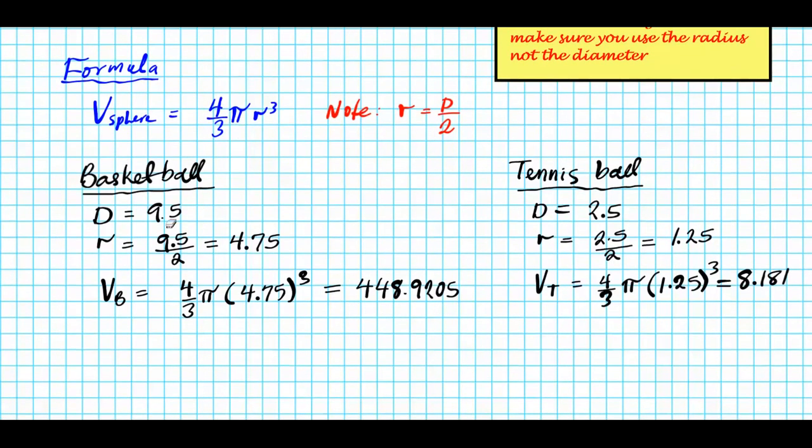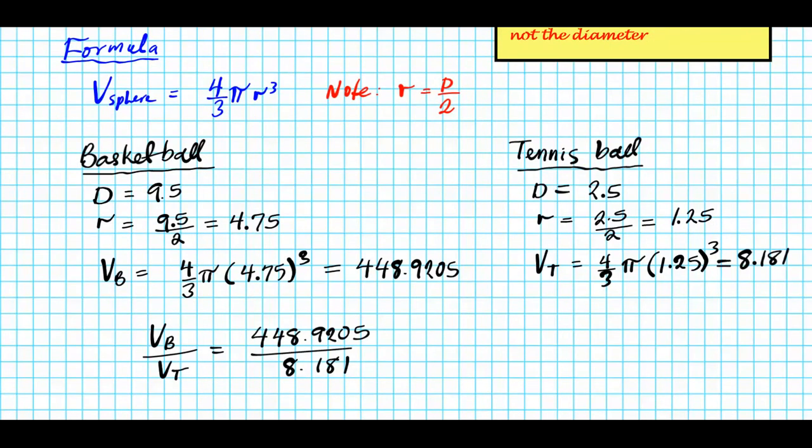How much bigger is a basketball over the tennis ball? You're just going to go volume of the basketball divided by volume of the tennis ball to see how much bigger it is. So you're going to compute the quotient of 448.9205 divided by 8.181. You plug that into your calculator.